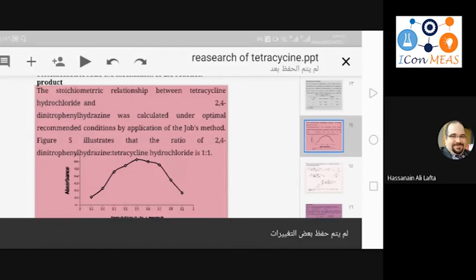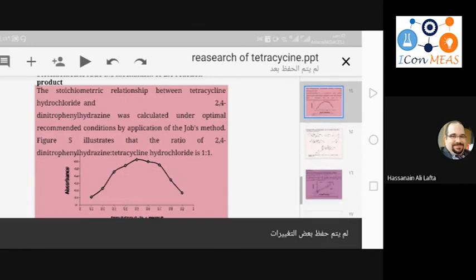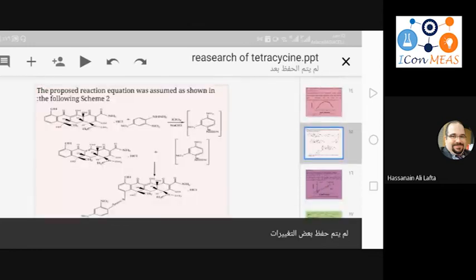Figure 5 illustrates that the ratio of 2,4-dinitrophenylhydrazine to tetracycline hydrochloride is 1:1. The proposed reaction equation is the same as shown in the following scheme 2.